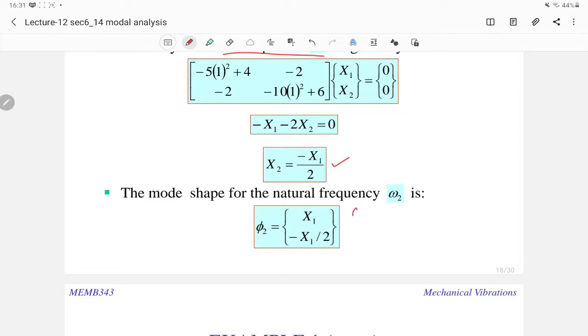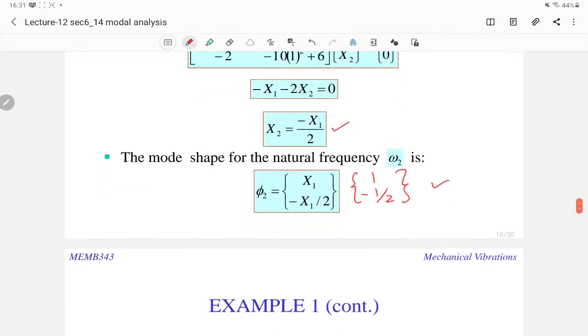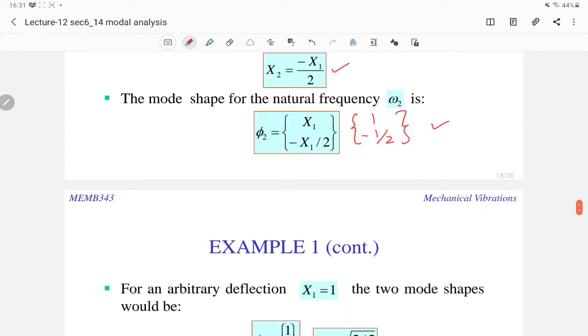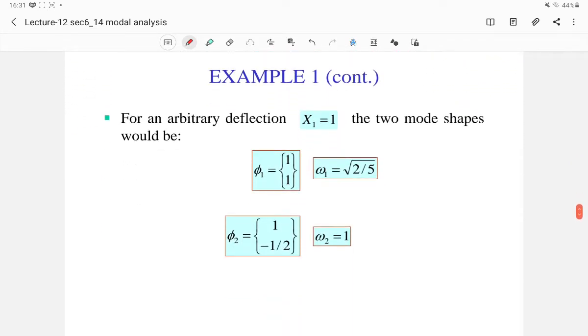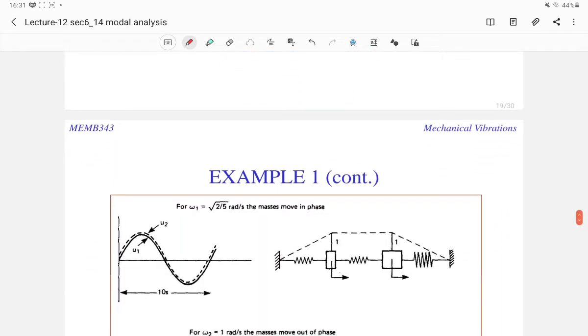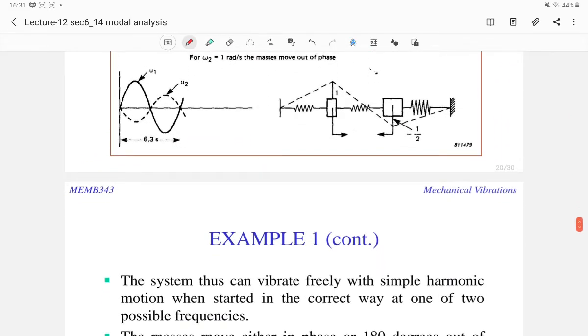If you substitute x1 equals 1, then x2 becomes negative 1 over 2. So these are the mode shapes. How do you actually write the vector or matrix phi? These are the values that we have found, and you get the mode shapes.